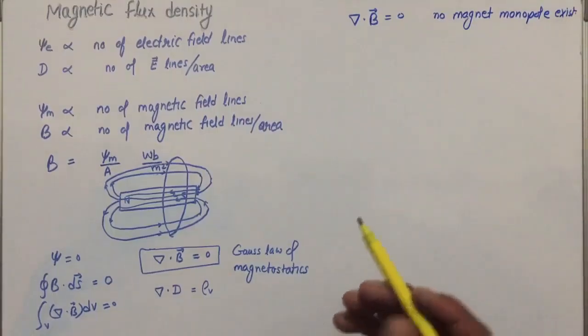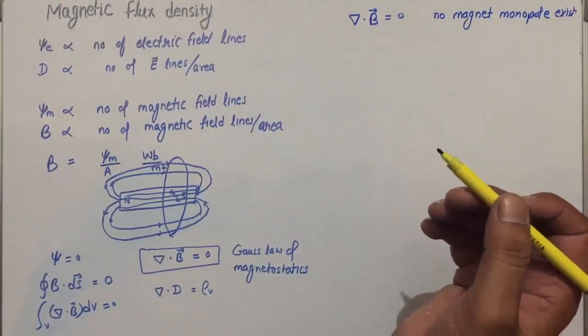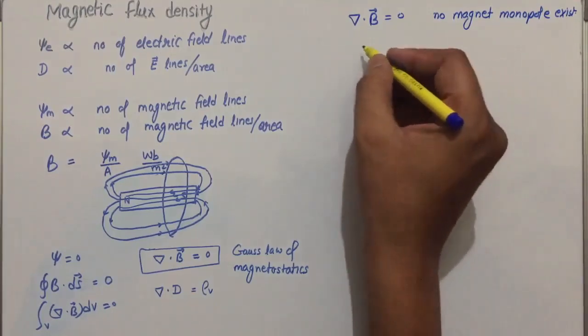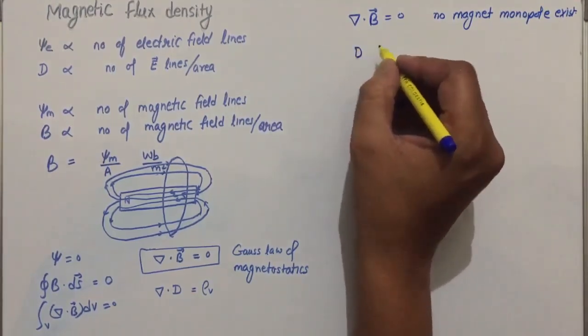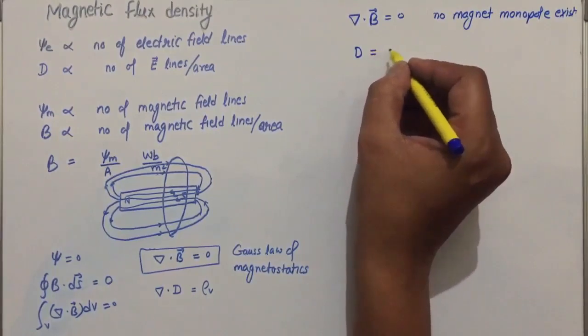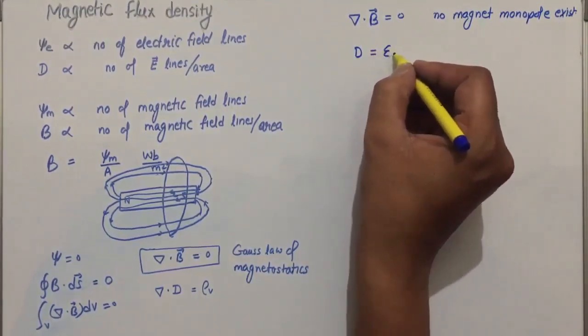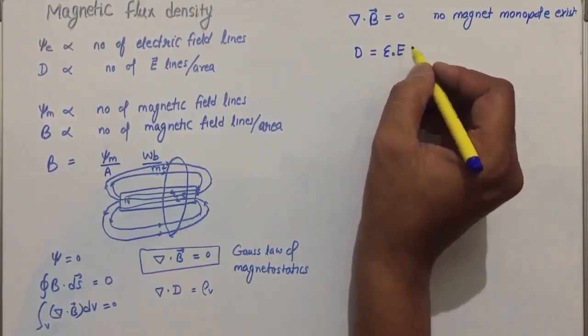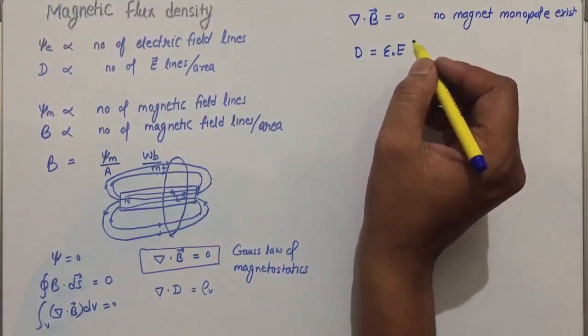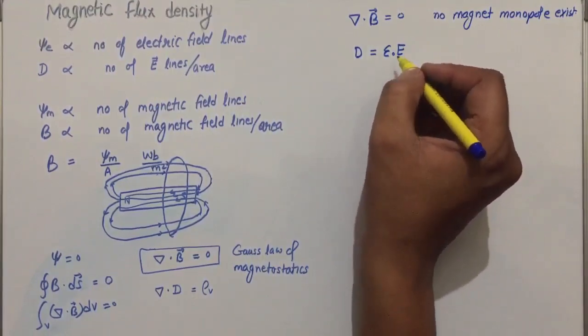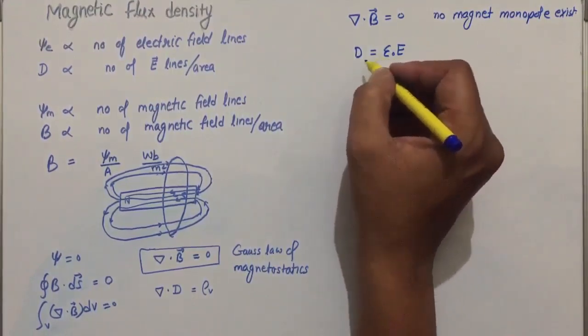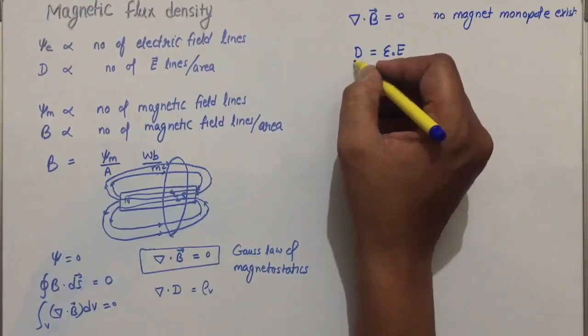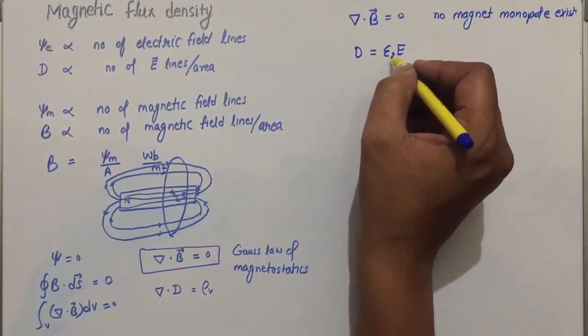The magnetic flux density B is similar to electric flux density D, and we know D is equal to epsilon naught E in electrostatics, in free space.